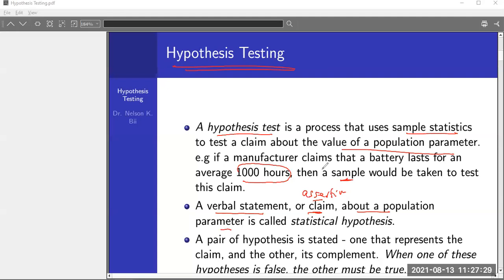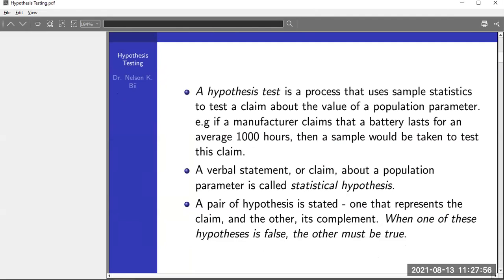Given some historical data on the performance of these batteries, you can check on average how long such an item can last. On the basis of that, you can either reject the claim given by the seller, or you can accept. So in hypothesis testing, we look at the statements, the tests, the proofs, then we make a final decision whether to accept the claim or reject the claim.